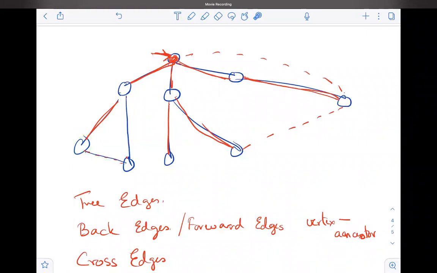In that case, this vertex would have been explored from this edge, not from this edge. So in that case, the graph would have looked like this, and this edge would have become dotted.